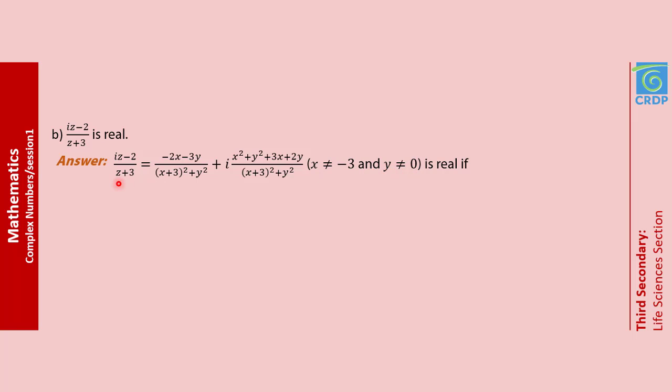The quotient iz minus 2 over z plus 3 is a real number if its imaginary part is equal to 0, such that x different from minus 3 and y different from 0.